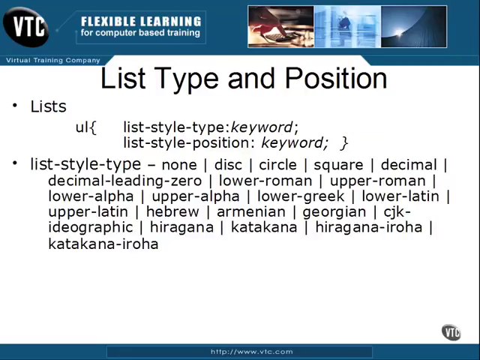Now, as you can see, there are quite a few of these that CSS will make available to us. What you'll see with the list style type is not only do we have our traditional bullets of the disk, the circle, and the square, but we're also going to have access to our numbering sequences as well.